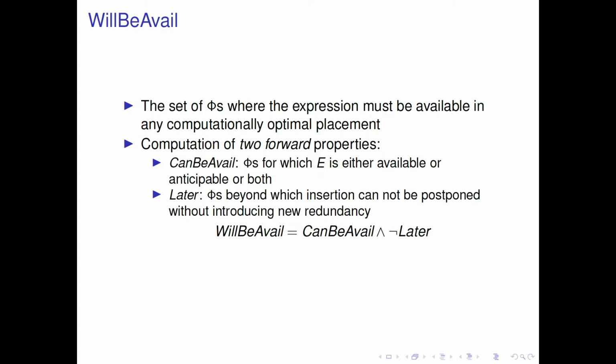First, I find all possible places where I can insert it, and then I only look at the last point where I cannot push it further down. So it's a sliding kind of algorithm which inserts something and keeps sliding it down till you reach a beneficial optimal point. Together these two compute will be available.